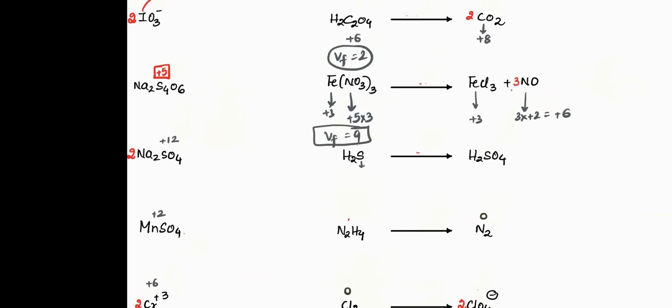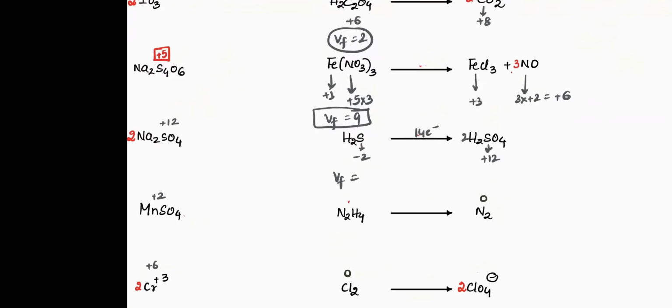H2S. Sulfur is at -2 oxidation state, and one sulfur is +6, so 2 sulfurs will be +12. So total charge of electrons is 14 electrons. So the valency factor in this case will be equal to how much?